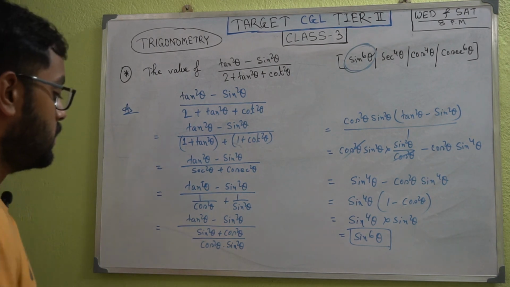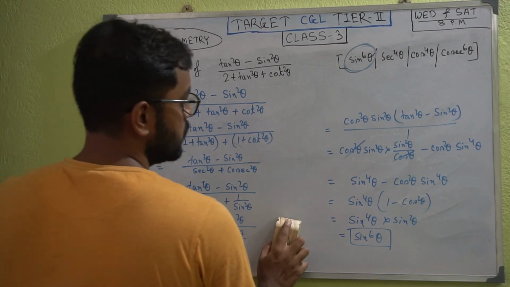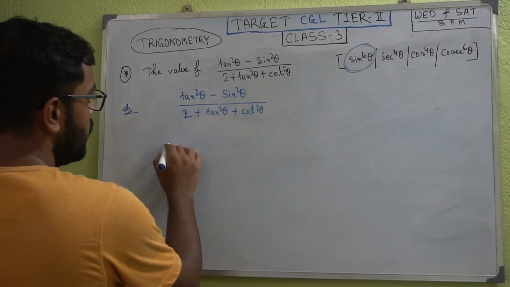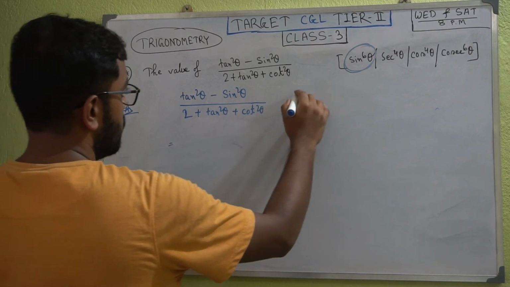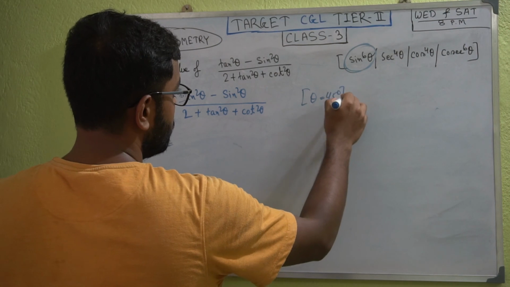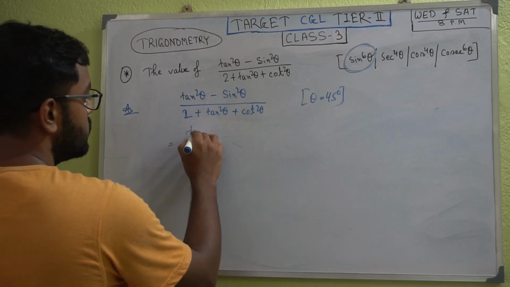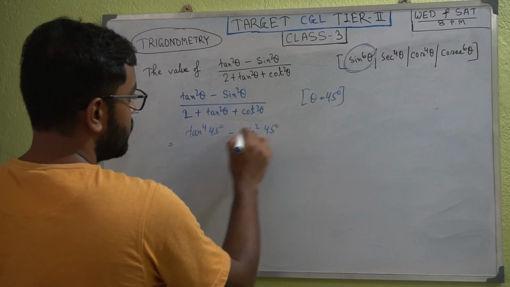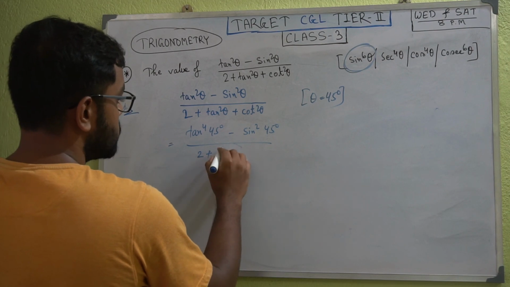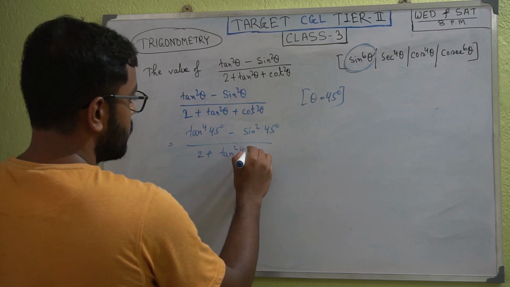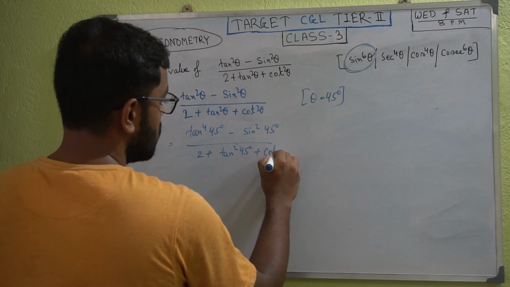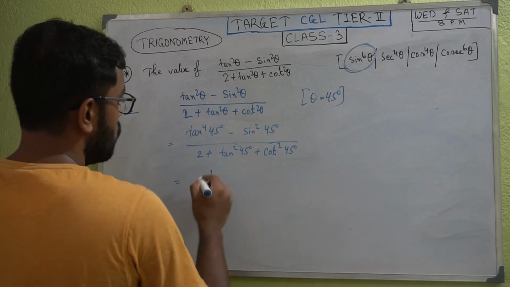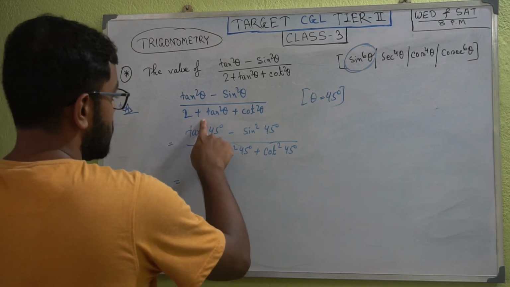Okay, let's do that. We have to find the value of this function. Okay, so we put the value of theta equal to 45, that is tan square 45 minus sin square 45 by 2 plus tan square 45 degree plus cot square 45 degree.